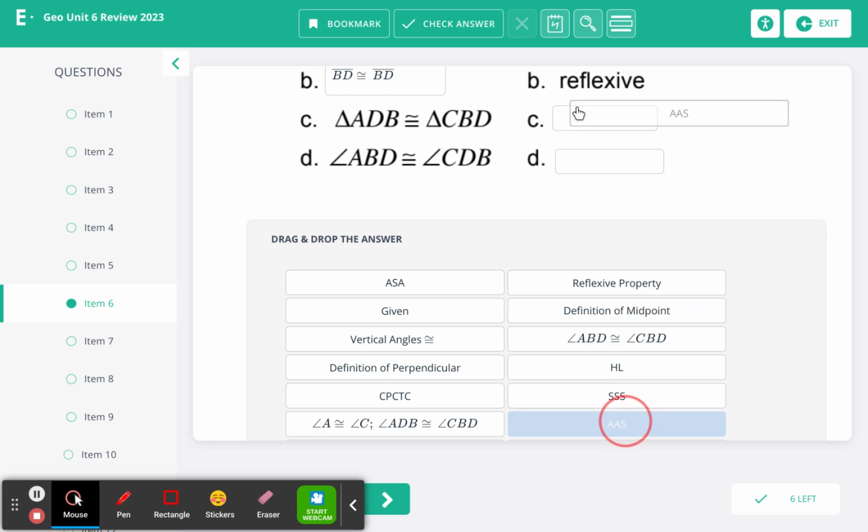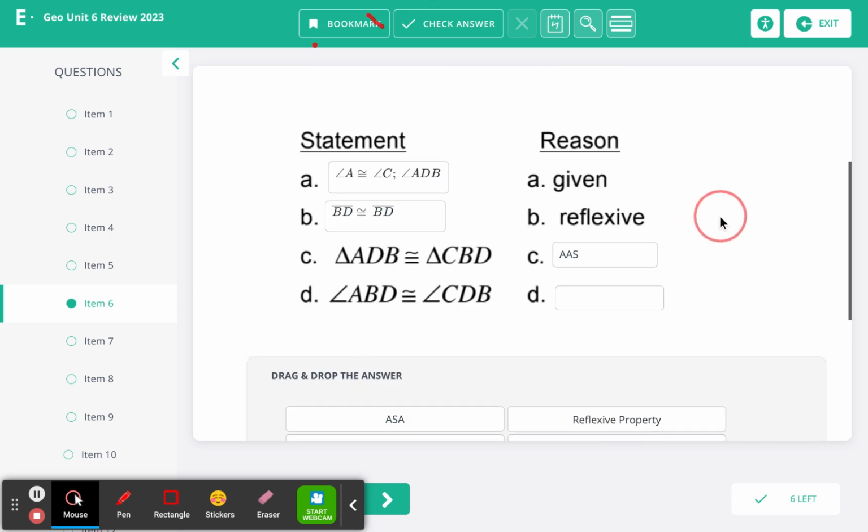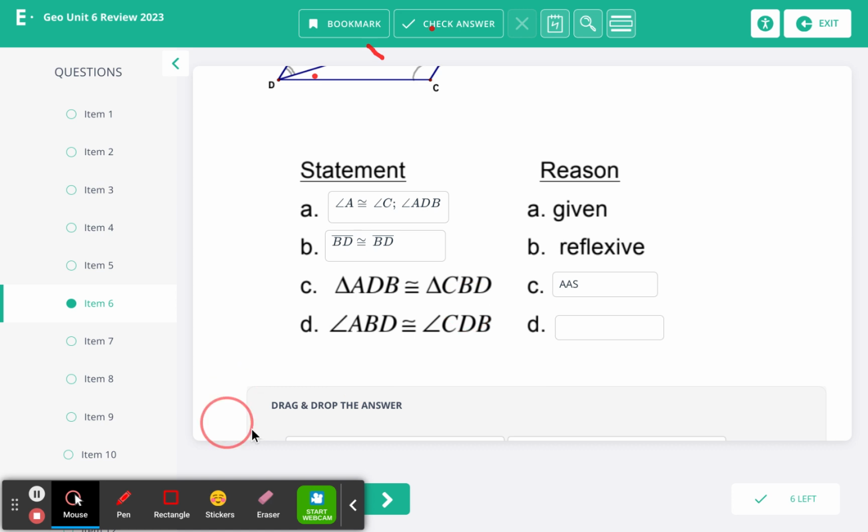There's angle, angle, side. Now, if you ever are trying to prove that angles or sides are congruent, there's a very good chance that you're going to be using CPCTC.